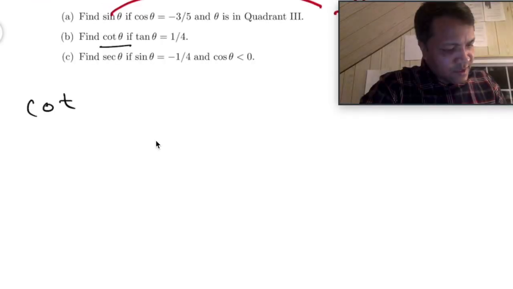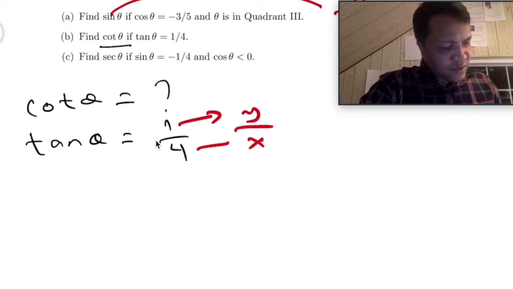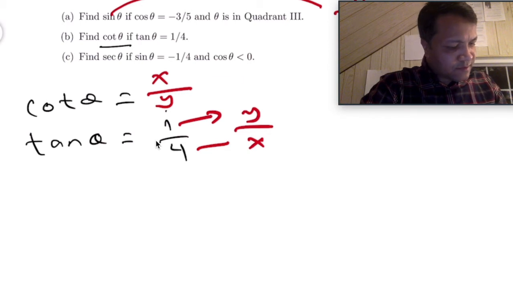Cotangent theta is what? If tangent theta is 1/4. Remind you what is tangent theta. This is y and this is x. So tangent theta is y over x. And cotangent theta is x over y. So then you're just gonna have to flip it.